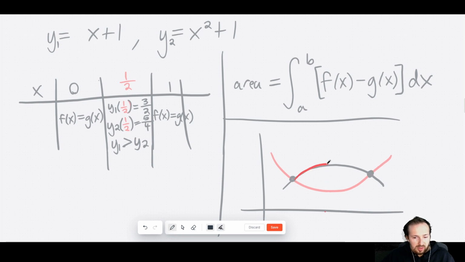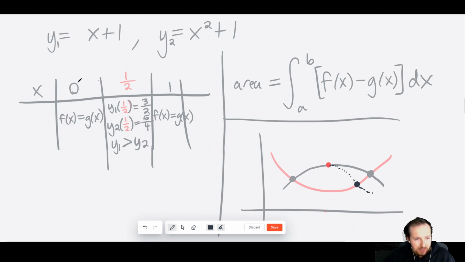If at this point the black one really is above the red one, in order for that to not be true, they need to cross. In other words, there needs to be another intersection point so that the black one can dip below the red one. And we already know that can't happen because we found the only two intersection points, 0 and 1.